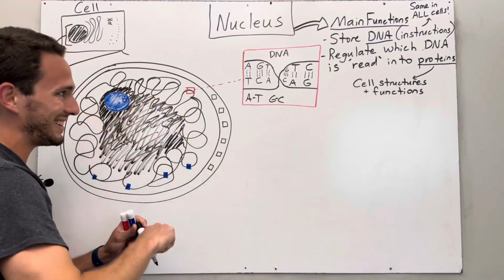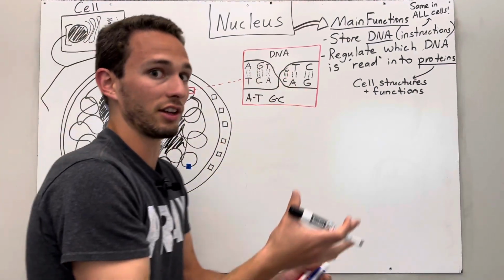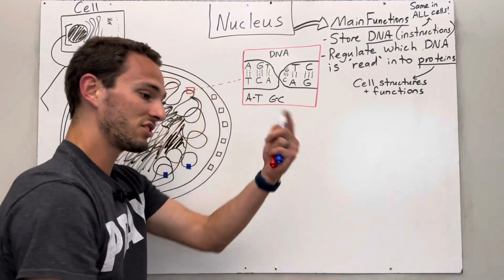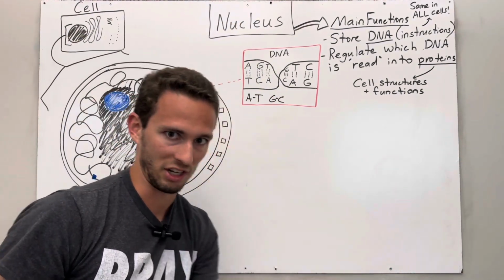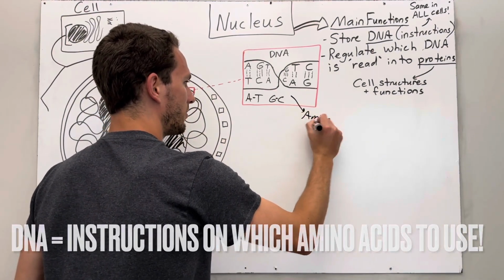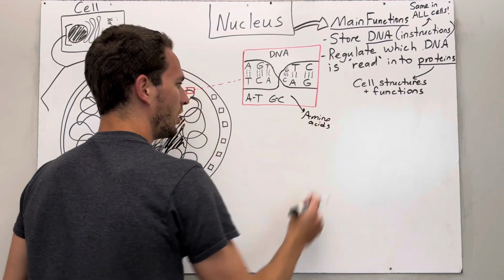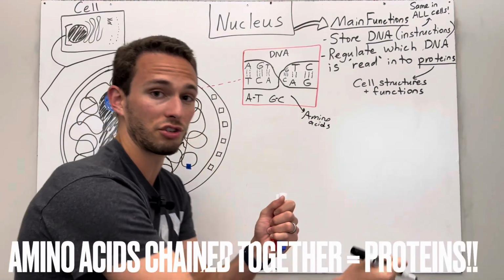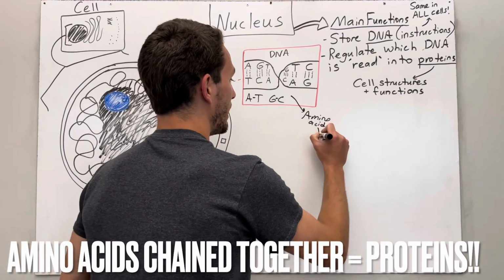And all of these letters, think of them as basically the code, okay? So depending on how the letters are organized in a row, it's going to code for different amino acids. Amino acids are very, very important. Think of these as little Lego blocks that are going to join together to form some sort of beneficial structure called a protein.